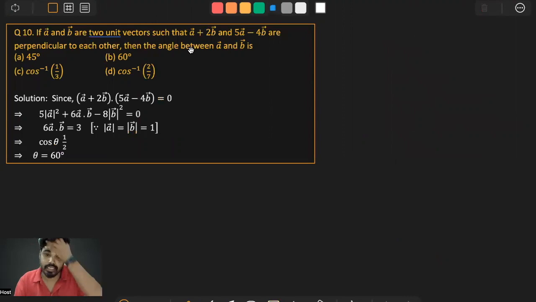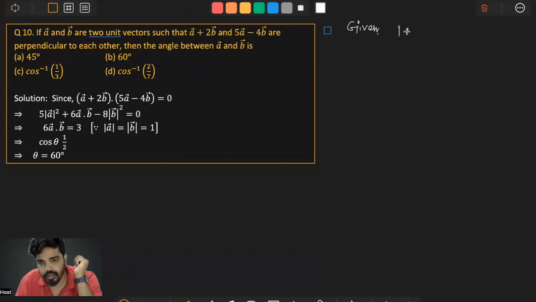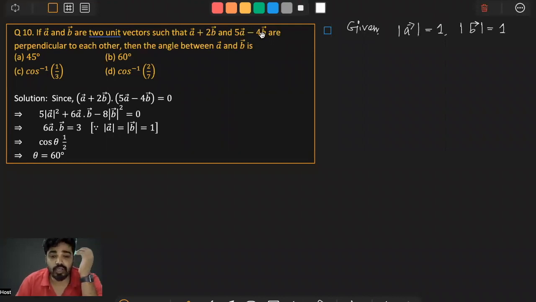Here it is given that A and B are two unit vectors, that is modulus A is 1 and modulus B is 1. So what is given here? Modulus A is the unit vector, that is 1, B is also a unit vector, such that A plus 2B and 5A minus 4B are perpendicular to each other.